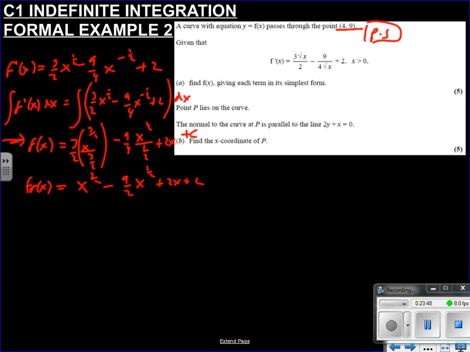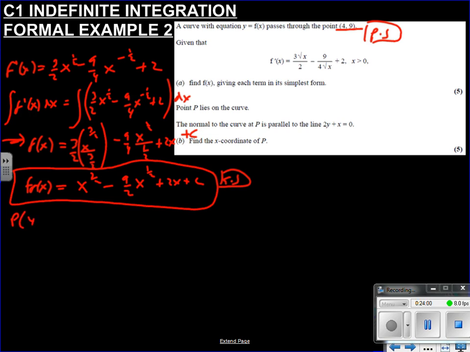And this is f of x here. So here we go. This is our general solution, isn't it? Because it's got a plus c in it still. But we want to find the particular solution at 4, 9. So point (4, 9). y is 9, x is 4.